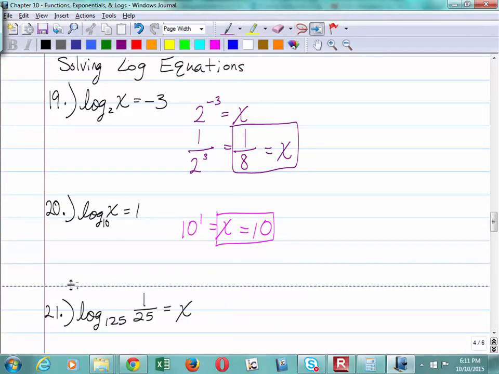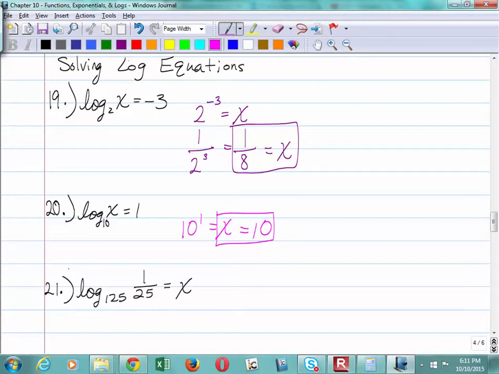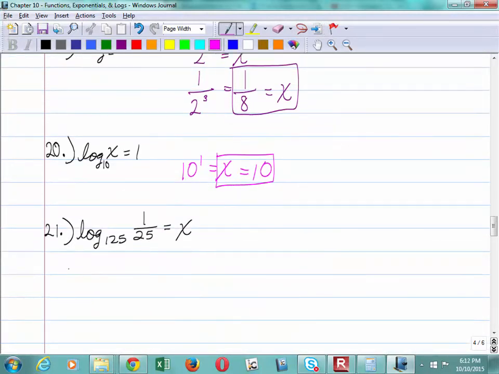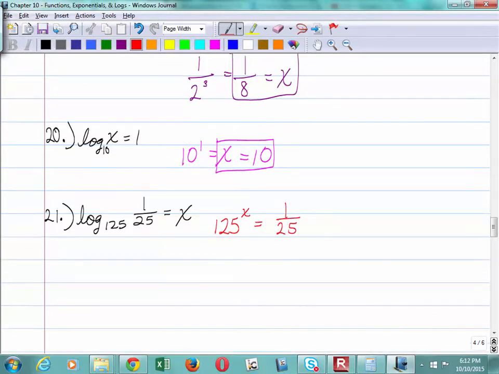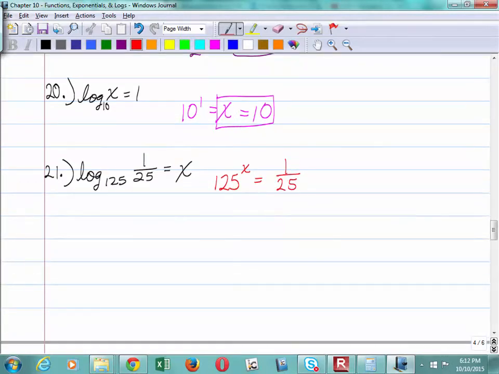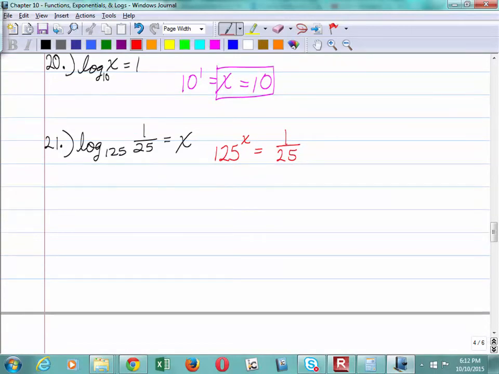And then number 21, I have log base 125 of 1/25 equals x. So 125 to the power of x equals 1 over 25. Alright, so I want to find a prime number that I can use as a base for both sides. So I could use 5.